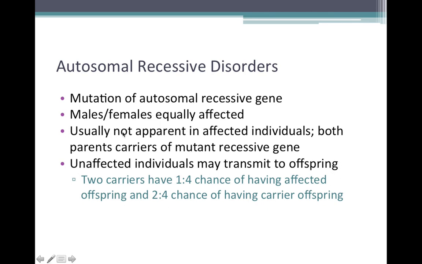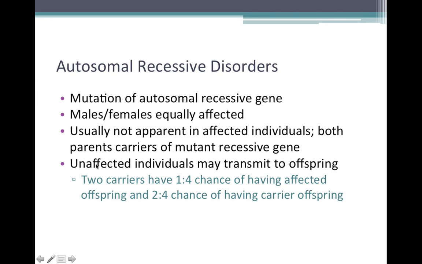Now, if you're a carrier, that means the disease is not apparent. You can carry a defective copy of a gene, but for autosomal recessive disorders, as long as you have one good copy of a gene and maybe one defective copy, you won't have the disease. In order to express this autosomal recessive disorder, you've got to have both defective copies.